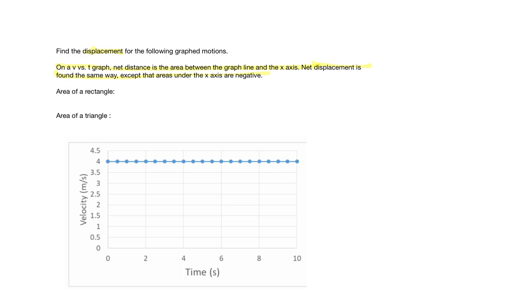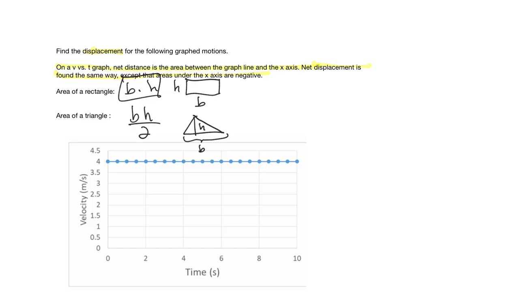Okay, area of a rectangle is base times height. Area of a triangle is base times height divided by 2. So, here's the height. Here's the base. Base times height divided by 2.